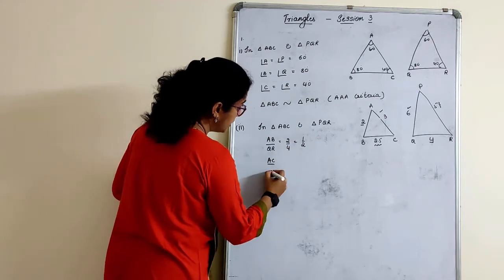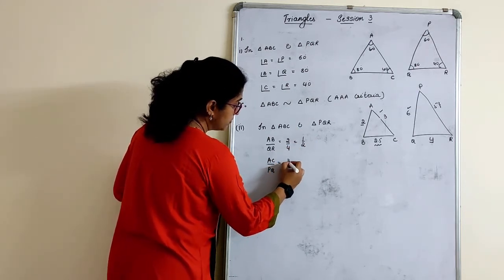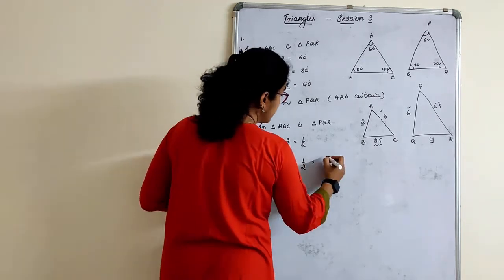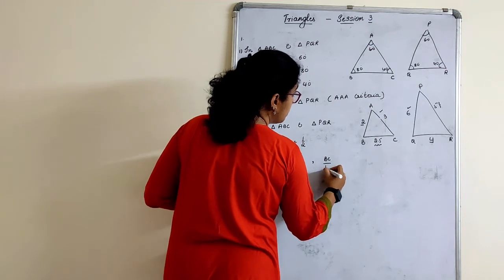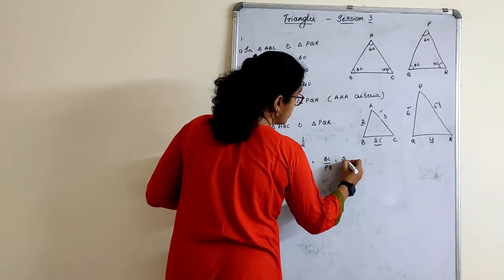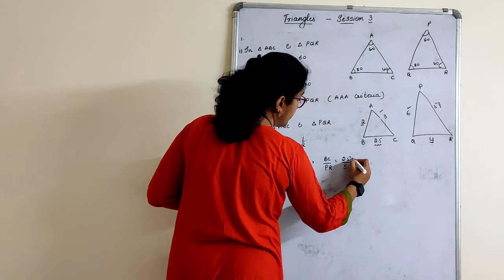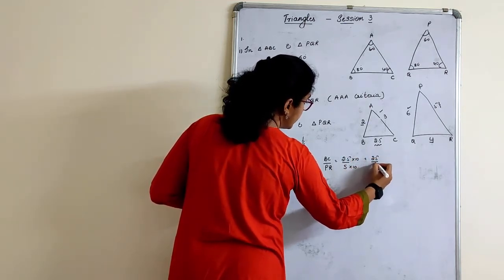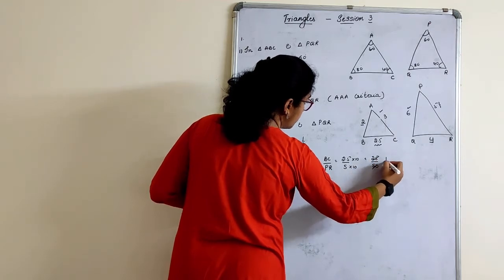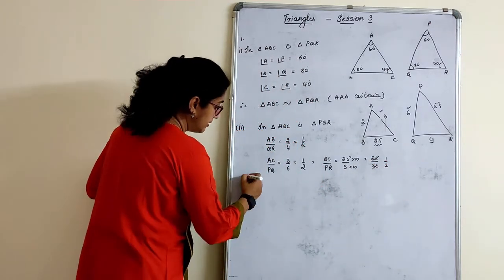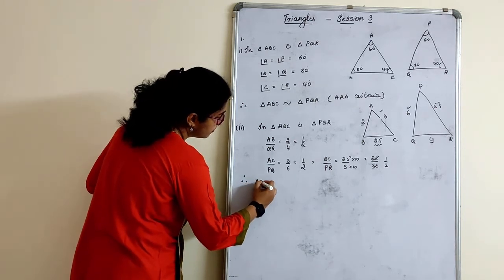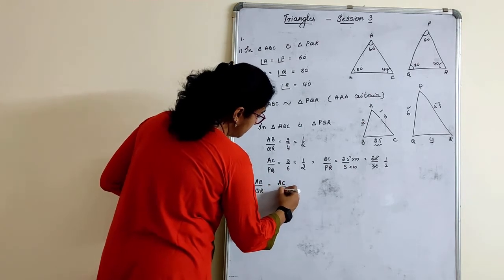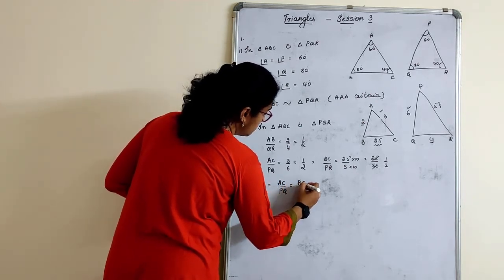AC upon PQ, 3 by 6, which is nothing but 1 by 2. Last, we will see BC upon PR. So this is 2.5 upon 5 into 10 into 10, so this is 25 by 50, 1 by 2. Right? Therefore, AB by QR is equal to AC by PQ is equal to BC by PR.